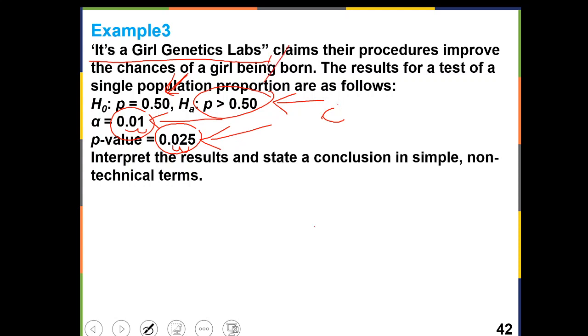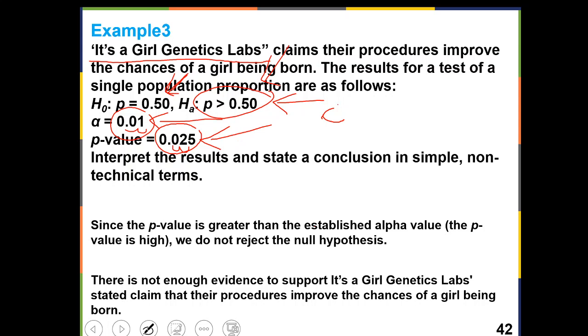Yes, you say to support the claim. So there is not enough evidence to support It's a Girl Genetics Labs claim. That's it.